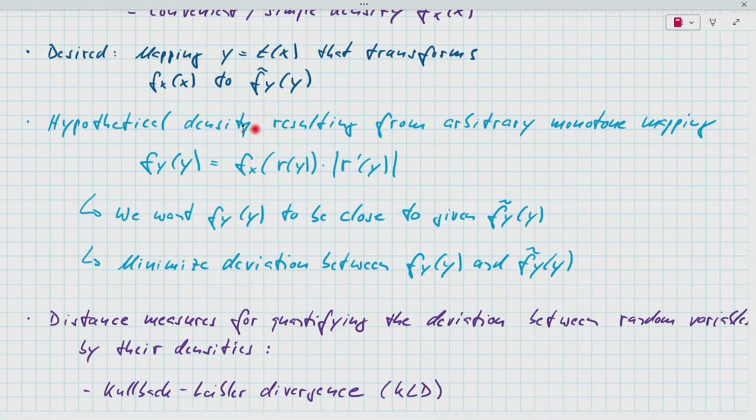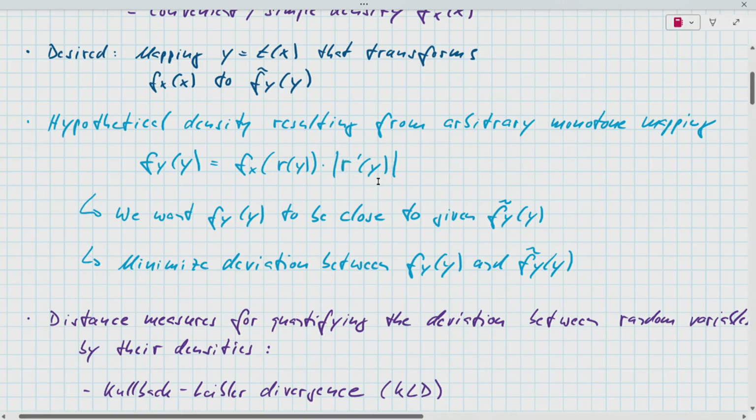So we need this hypothetical density, and for that, we just use the transformation, a parameterized transformation of fx. And we use this dual formulation that we just saw. So fx, we plug in r of y. We don't know r of y yet, because this is the reverse of the unknown transformation, and the derivative of r of y.